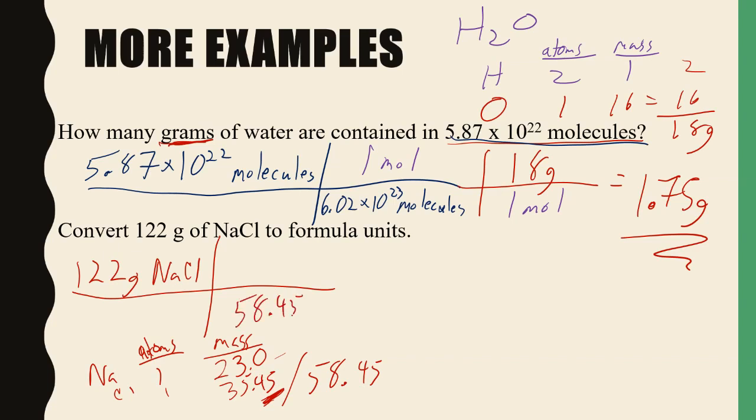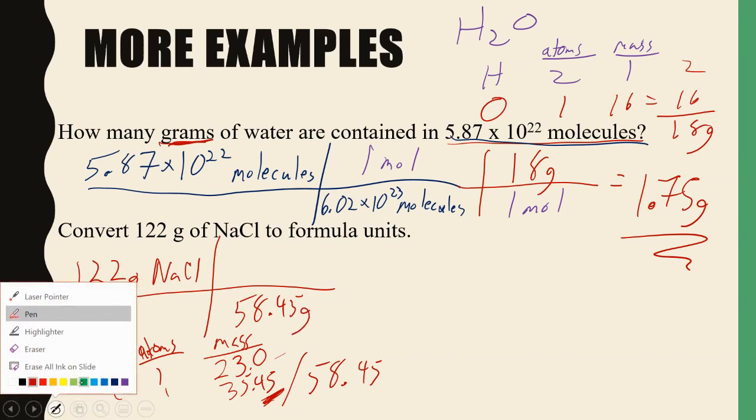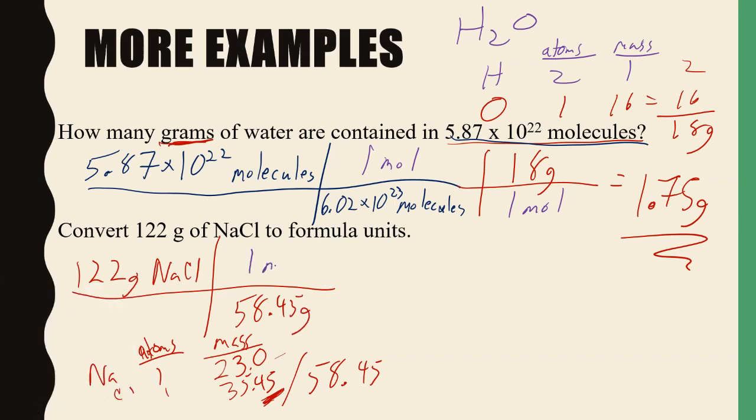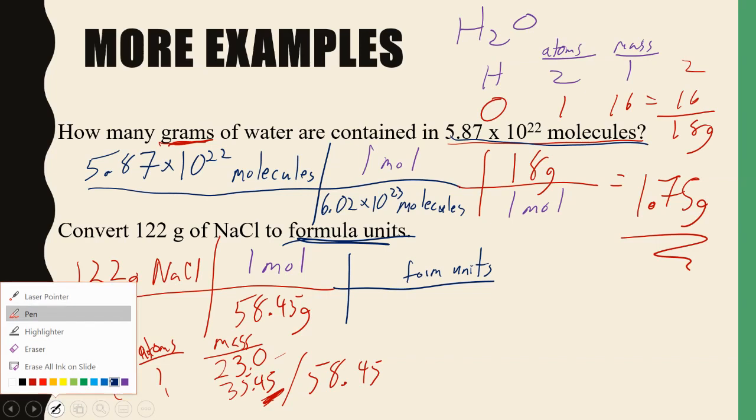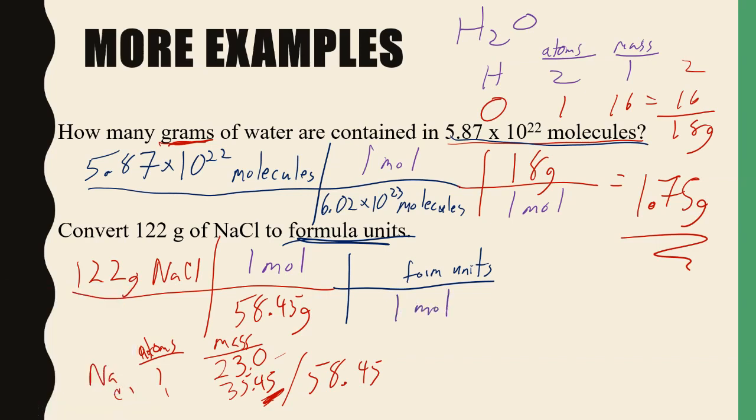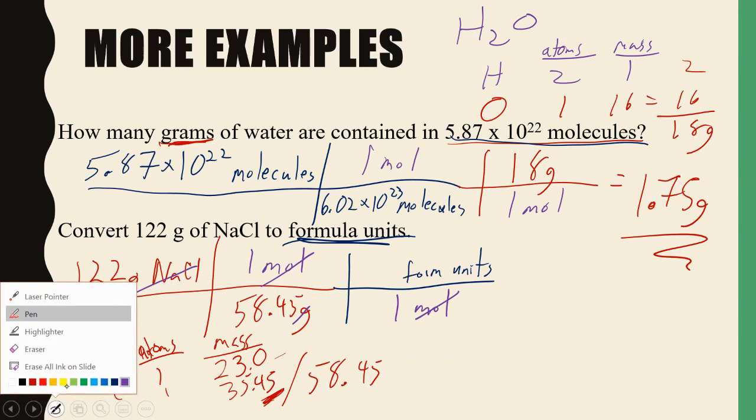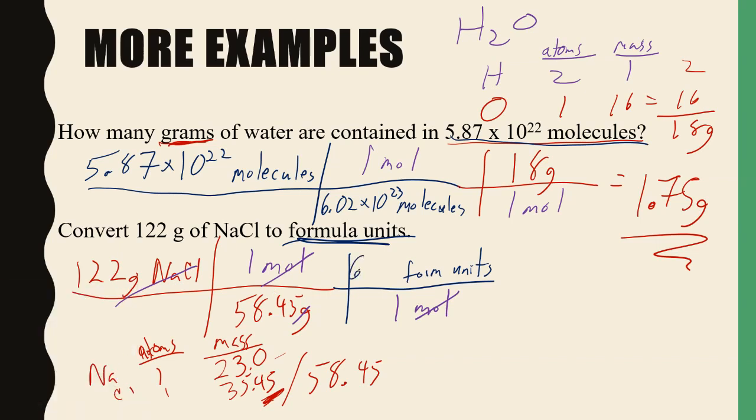58.45 grams, and that is in 1 mole. This was looking for formula units though, so we don't want to stop there. We want to keep going, and formula units in 1 mole are 6.02 times 10 to the 23rd, right? That'll get rid of moles, that'll get rid of grams, and then 6.02 times 10 to the 23rd formula units.